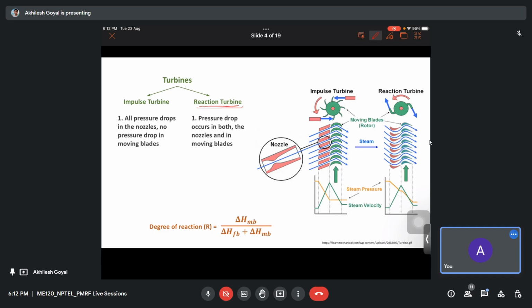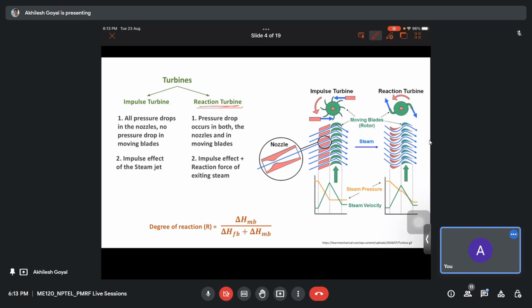Okay, so the main difference here is when the pressure is being dropped. In the impulse turbine, the whole pressure is dropped in the nozzle itself, and in the moving blades there is no pressure drop. And in the reaction turbine, the partial pressure drop occurs in the nozzles and the remaining pressure drop occurs in the moving blades. Okay, so this is the main difference.